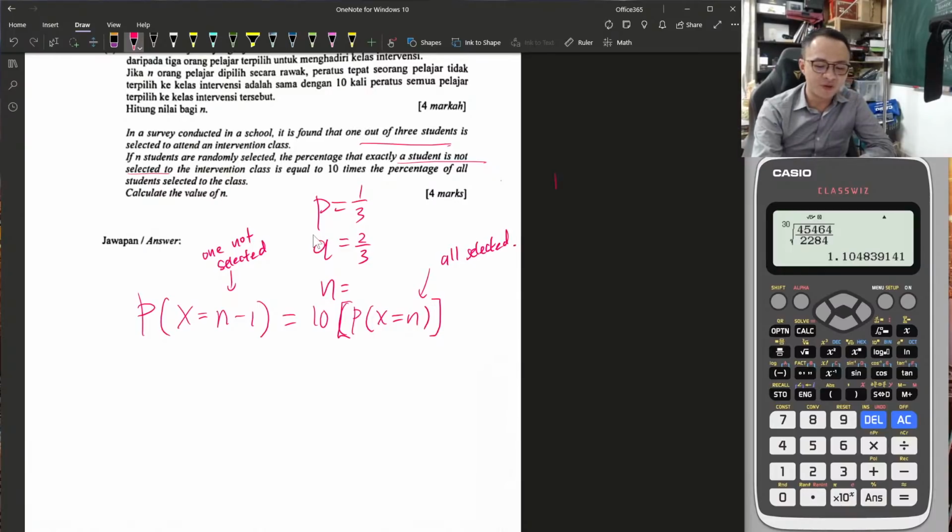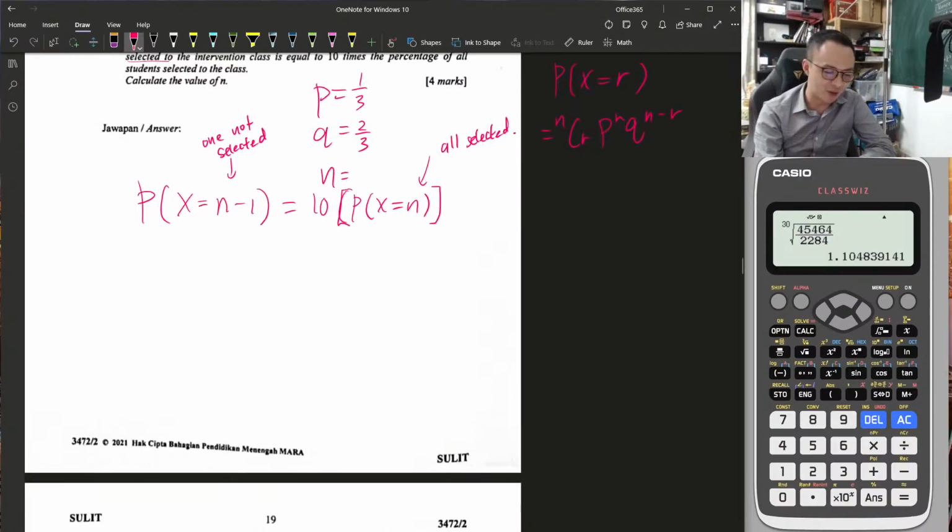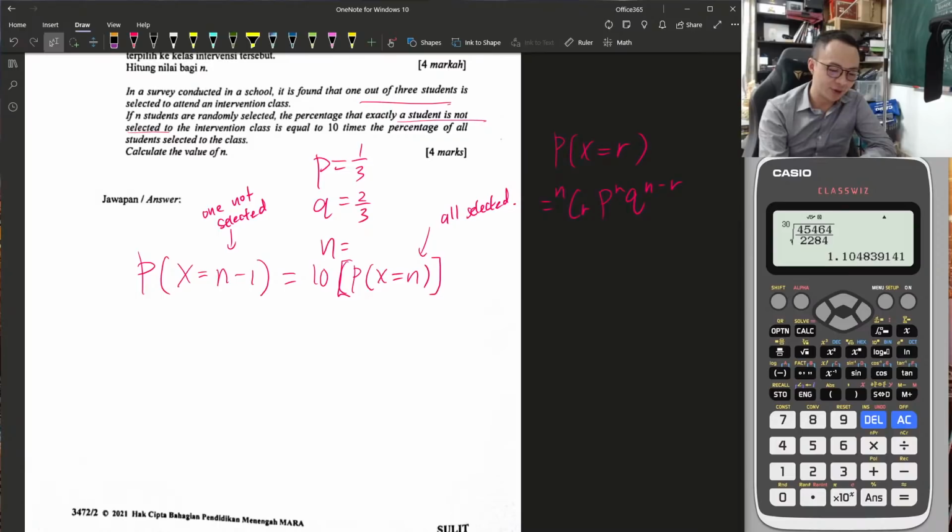Alright, and then we know the formula for x equals r is nCr, p to the power r, q to the power n minus r. We will try to use this formula to sort out the n value. This is your r value.